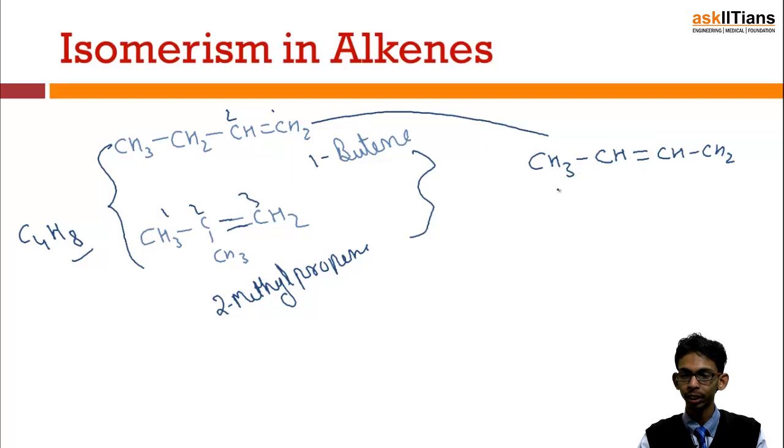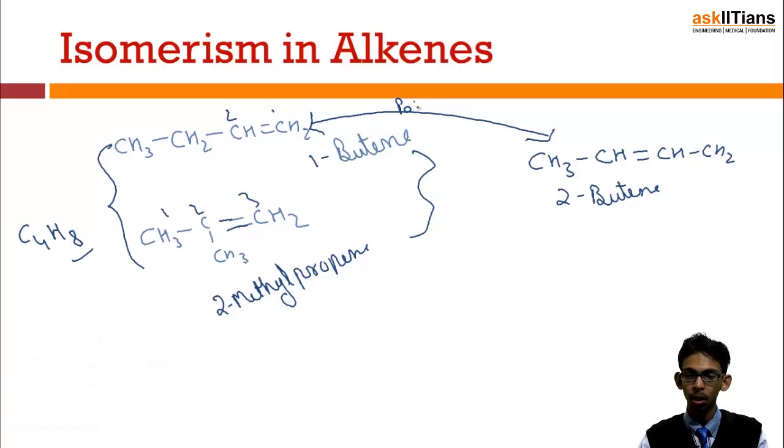This is 1-butene, this is 2-butene. So what is the difference between these two is the position of the carbon-carbon double bond. So these two are position isomers of each other. This is position isomerism.